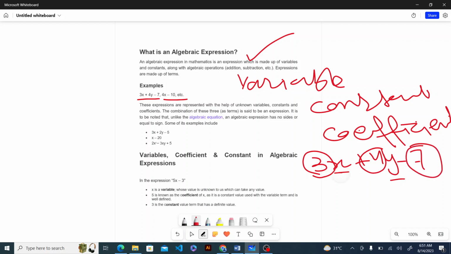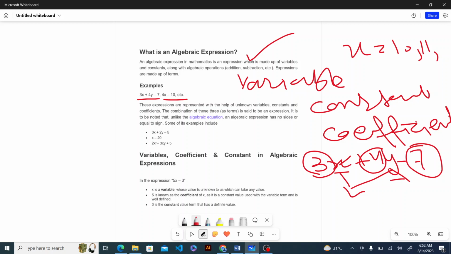Variables are those things whose values will change. Anything can be x, anything can be y, means we can put any value in x, 10, 11, 100, or any value. Same goes for y.